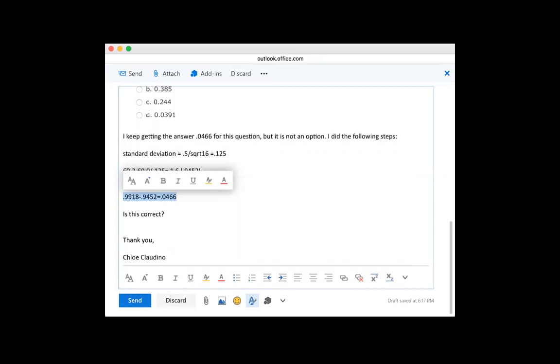I had similar problems with other questions. All I know is that I'm using the right formula for the right question and plugging them in and coming up with this kind of issue where the answer wasn't part of the multiple choice.